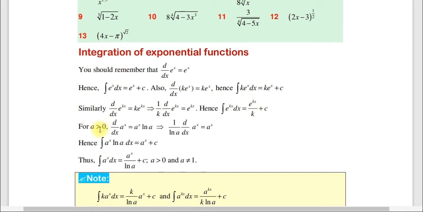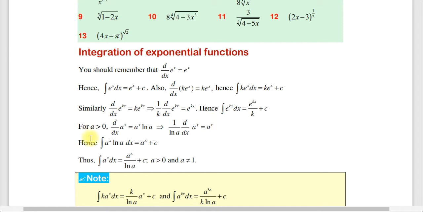For a greater than 0, d by dx of a to the power of x is a to the power of x ln a, as we saw when learning about derivatives. Which implies that 1 over ln a d by dx of a to the power of x is equal to a to the power of x.